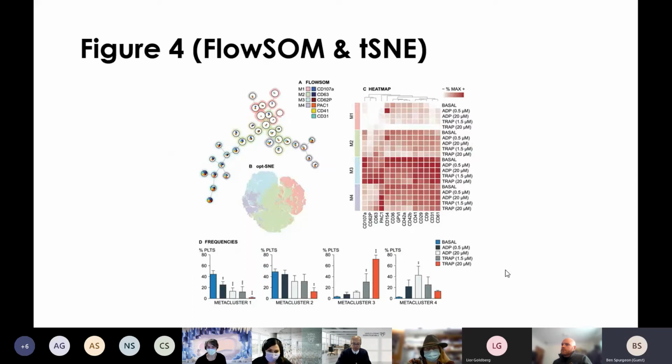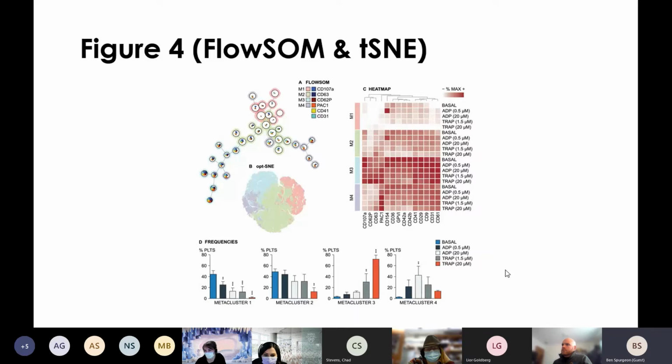And we used OMIQ to run FlowSOM using the elbow consensus to identify the optimal number of metaclusters, and we overlaid these metaclusters onto a t-SNE plot. We identified 4 metaclusters, which isn't many, but we're dealing with a limited number of donors. This is from 3 donors, all healthy, and a limited number of sample types, basically basal, ADP, and TRAP.